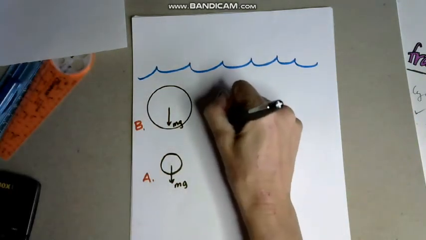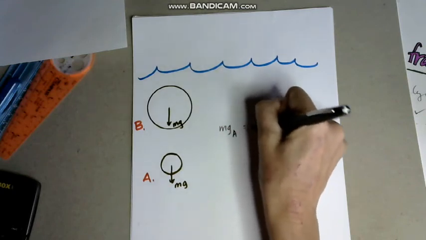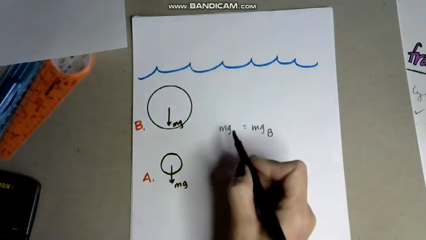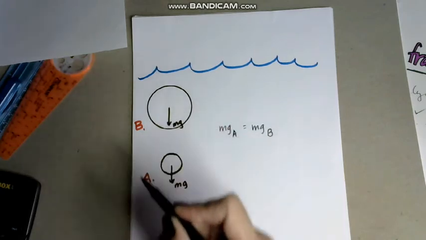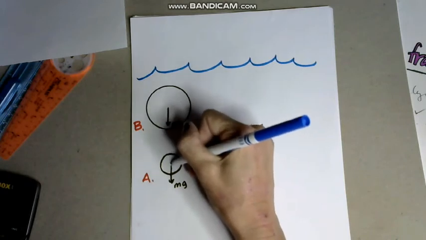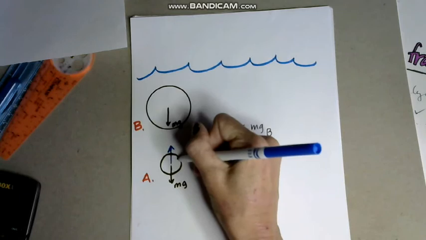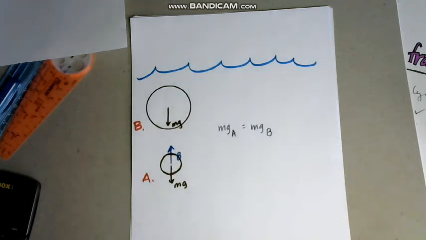So the mg for A equals the mg for B. They are the same. These two force vectors are the same, but something changes. This buoyancy force here is different than the buoyancy force above.